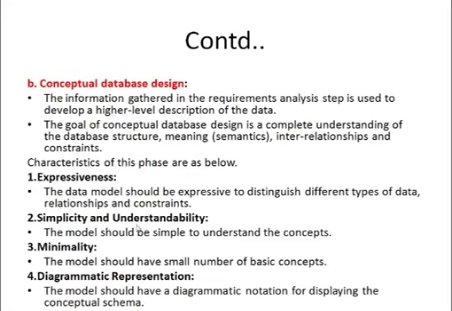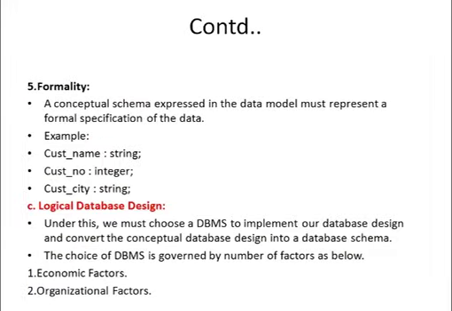The model should be simple to understand the concept. The third one is minimality, which means the model should have a small number of basic concepts. The fourth one is diagrammatic representation. The model should have a diagrammatic notation for displaying the conceptual schema. So these are the basic features.